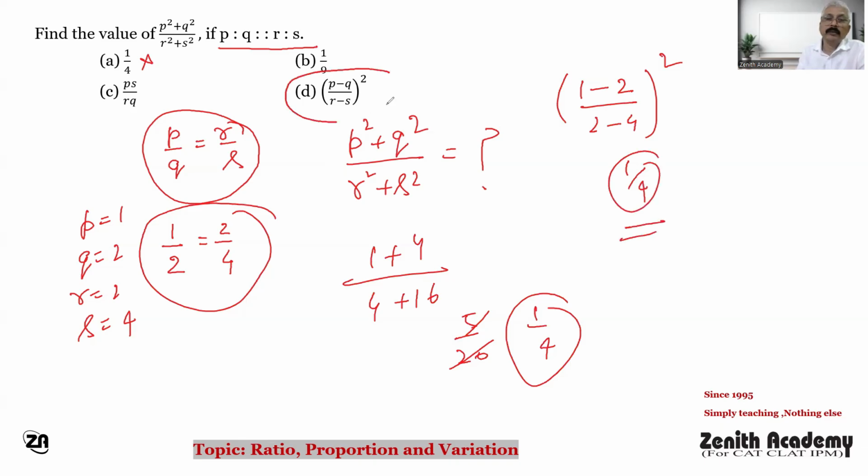Answer is this. Because as you will change the value of P and Q, it is not necessary that always it will come 1 is to 4. It depends upon the value of P, Q, R, and S. So don't be confused with this. The answer is D.